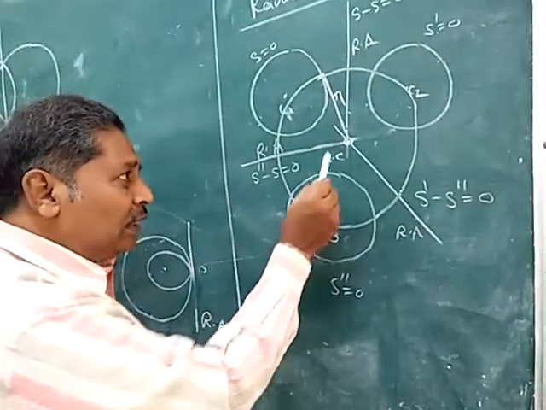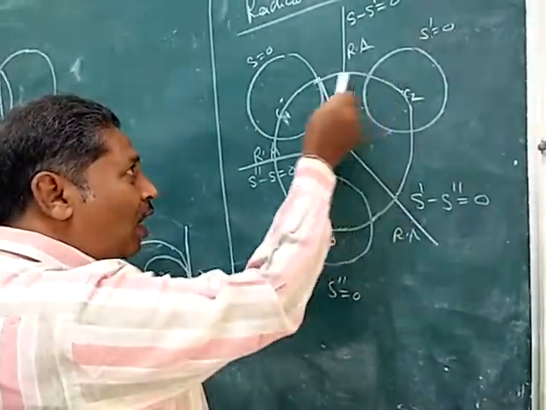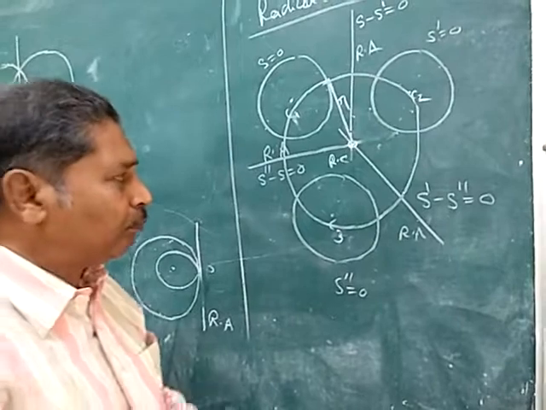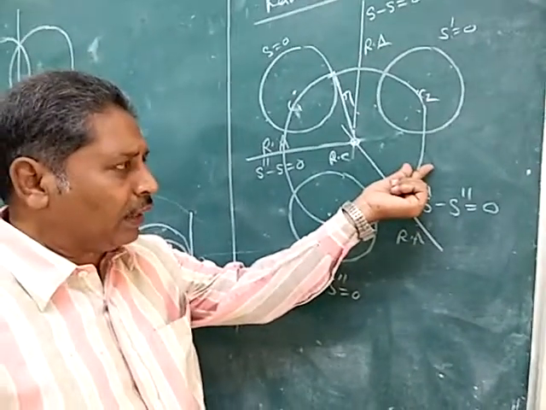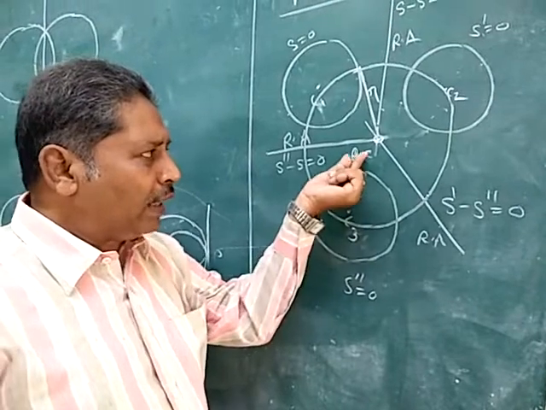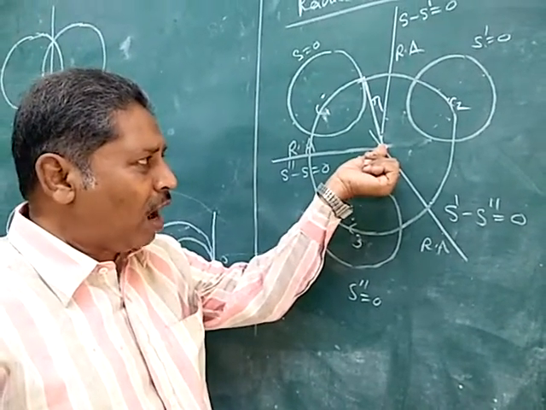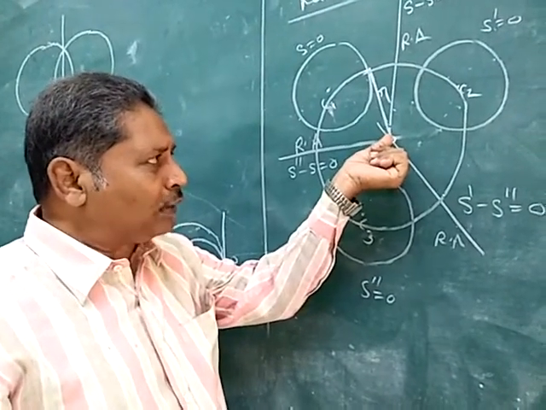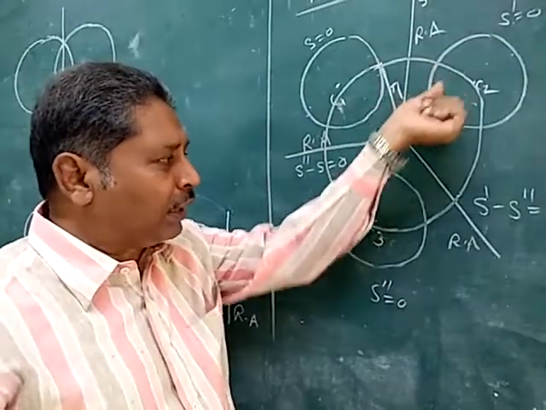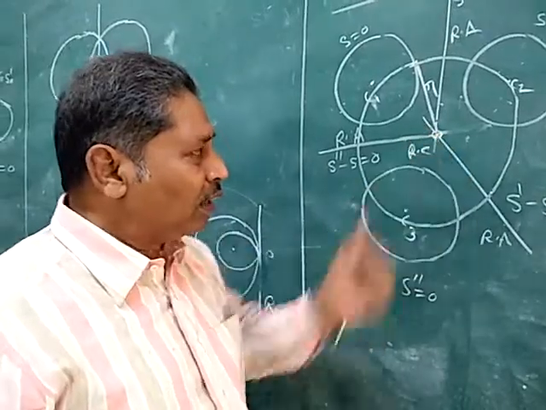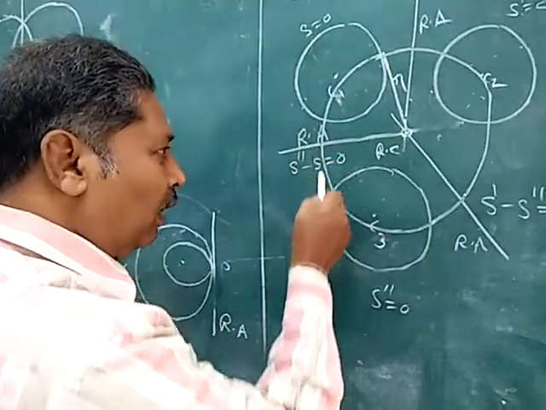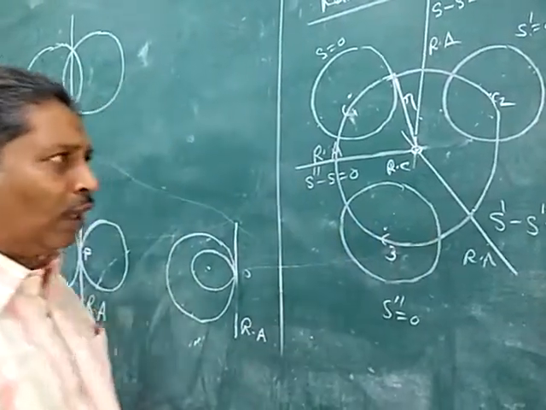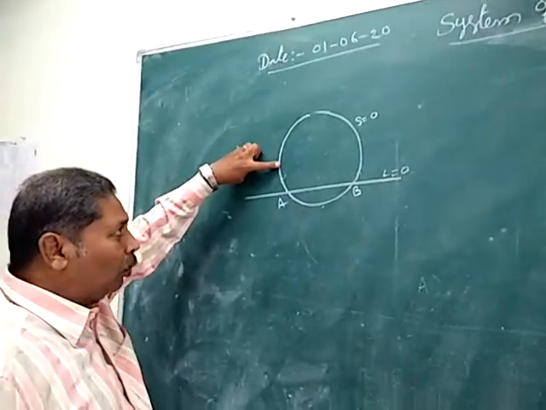This circle cuts the given three circles orthogonally. Again, construct a circle with the radical center as center and the length of the tangent from RC to any one of these three circles as radius. Then this new circle cuts the given three circles orthogonally.